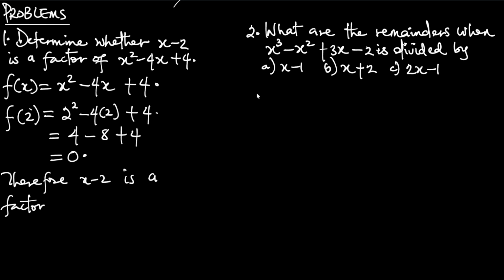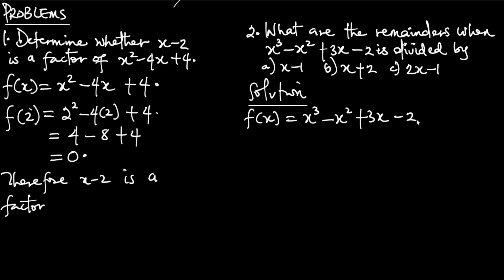In the second instance, however, we are to state the remainder when this is being divided by these three. So for the first one, we have f of x equal to x cubed minus x squared plus 3x minus 2. So for x minus 1, we are going to set f of 1.